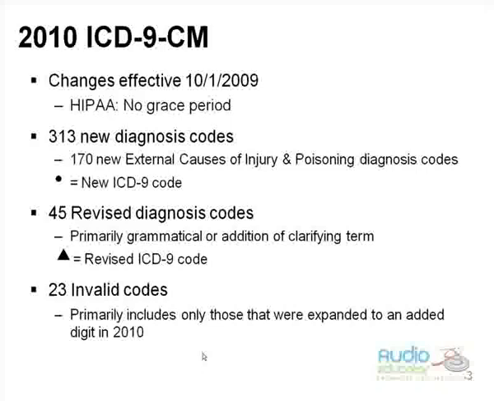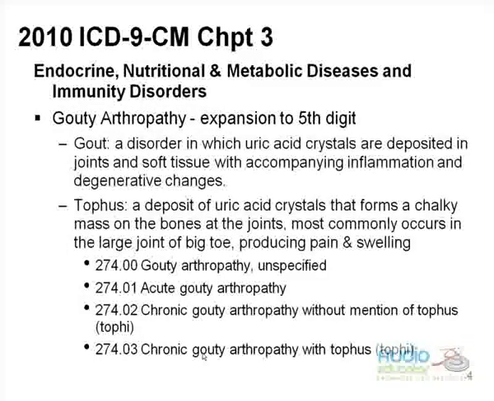Our first chapter that had codes that might be used in some pain management practices is chapter 3, the endocrine, nutritional, metabolic diseases and immunity disorders. We have gouty arthropathy expanded to a fifth digit, so we're getting that additional specificity.